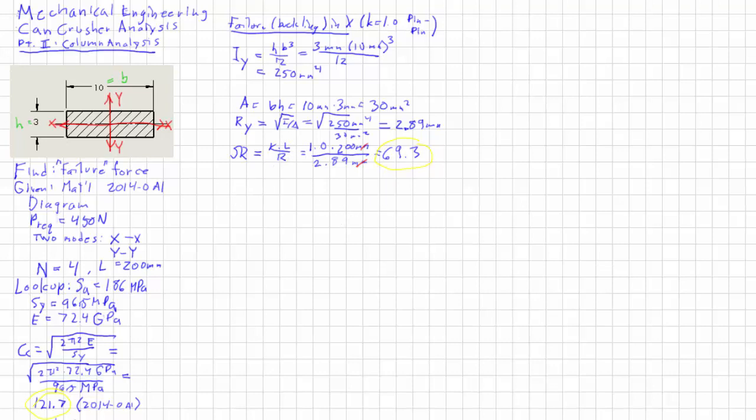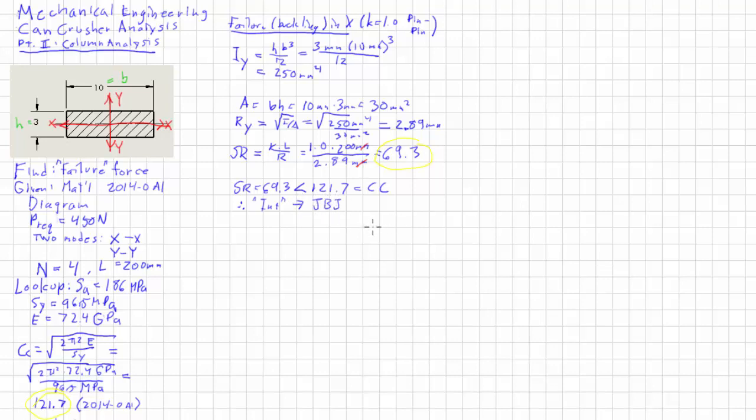So we compare, and SR is 69.3, and that is less than 121.7, which is the column constant. So therefore, we call it intermediate.